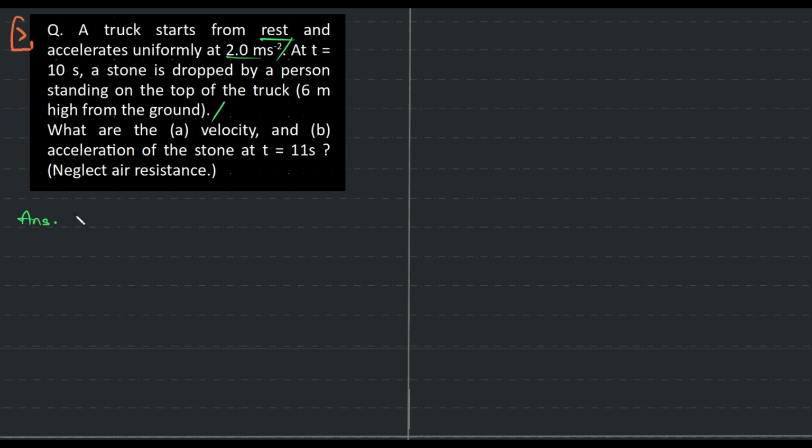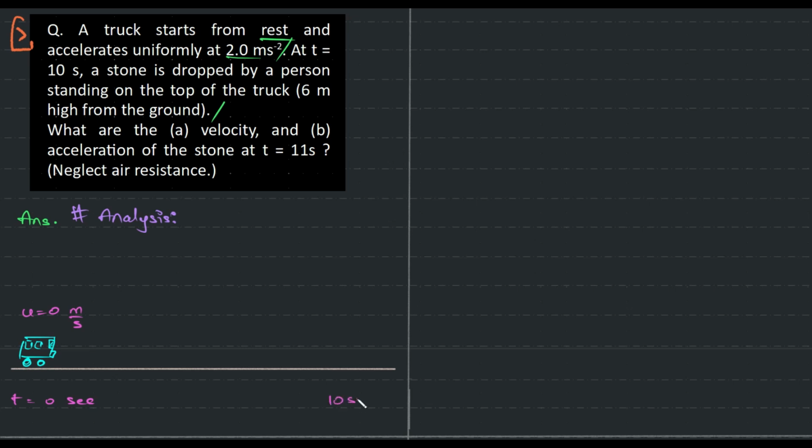So first thing is we have a chance to draw. Let's do that. So we have a vehicle which starts from rest at time is equal to 0 second, and the other time is 10 second.